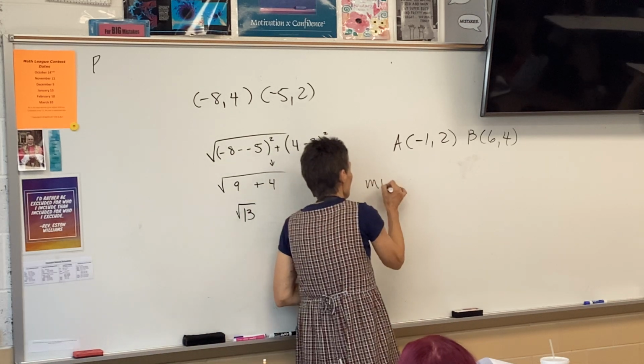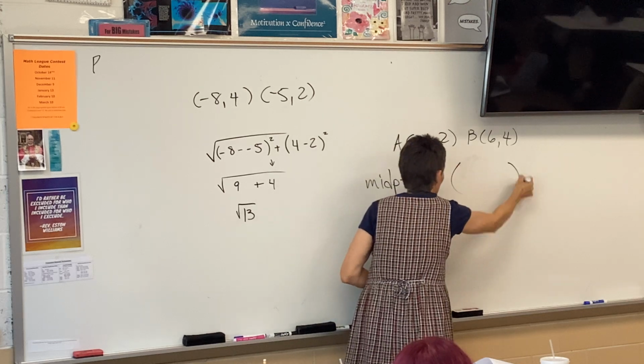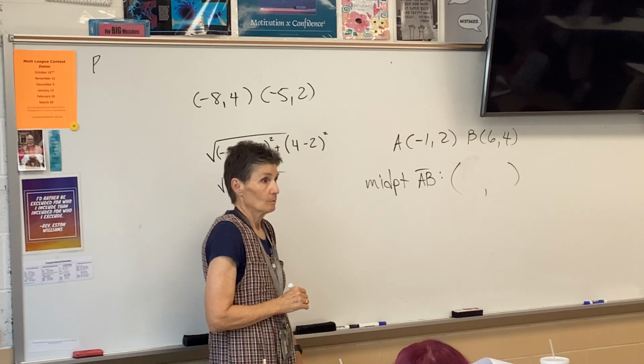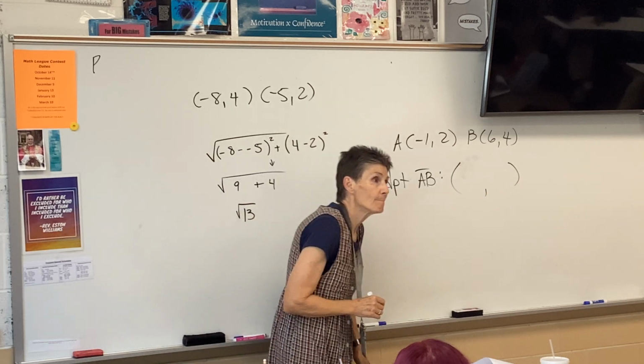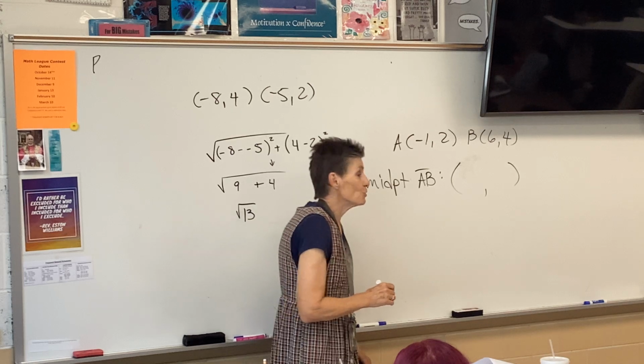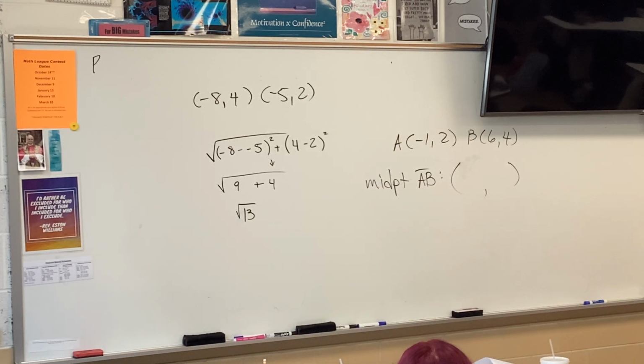Anybody know how to find the midpoint? It's a point. Y2 minus y1, x2 minus x1. You guys are like slope masters. You are the third person that's talked about slope. That's the slope formula, and that is when we write the equation of a line, we're going to find the slope.